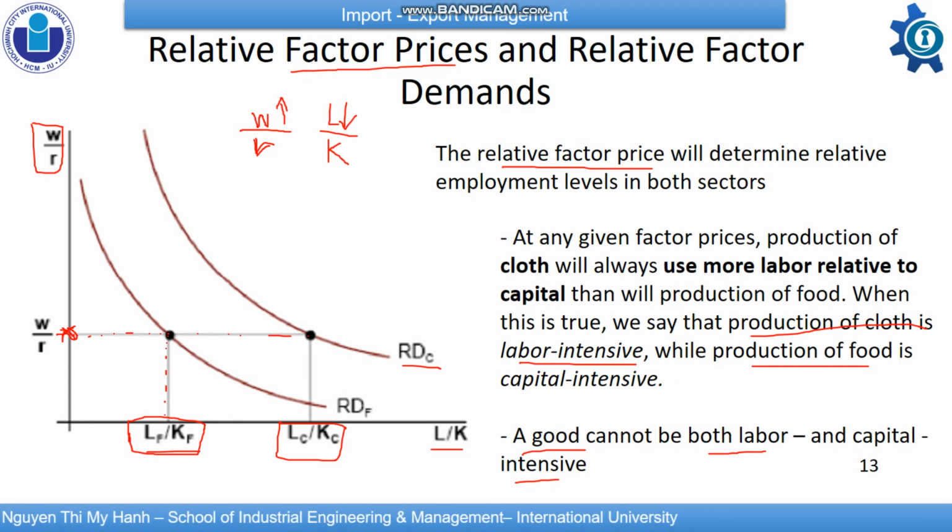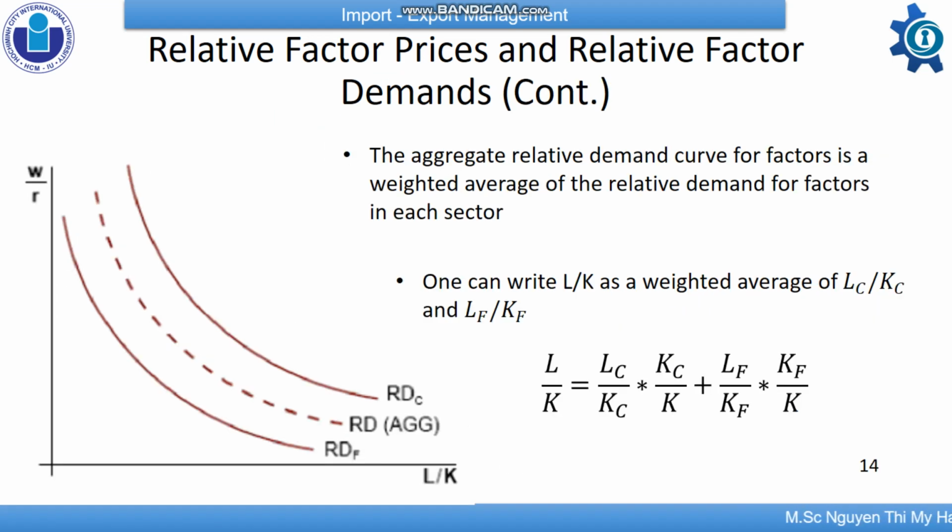And since here we see the demand curve for labor in the cloth production, and here is the demand curve in the food production, we can aggregate them and we can have the aggregate demand curve like this.